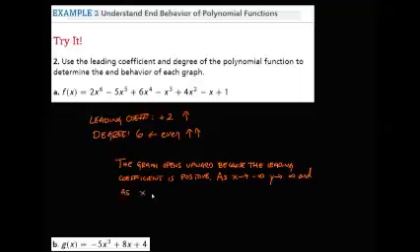As x goes to positive infinity, y goes to positive infinity. That's what it asks us to do. The first sentence describes the leading coefficient, and the end behavior is described by the second sentence. We'll do another one of those together in part B next time in class.